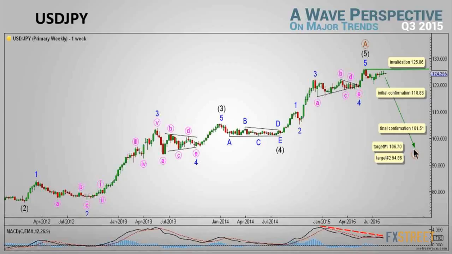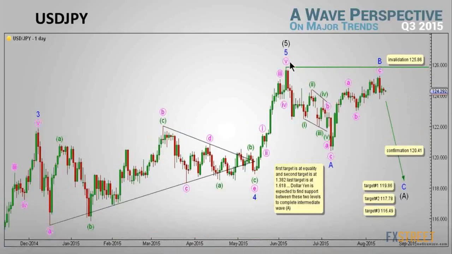We should understand that these targets are long-term targets for the dollar yen. Moving on to the daily chart to provide more midterm targets, we can see that within wave B maroon, wave A black is unfolding as a 3-wave structure, not what we should typically see as a 5-wave structure.